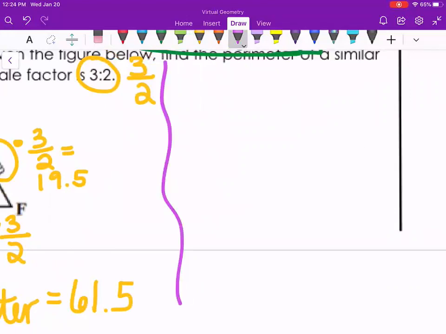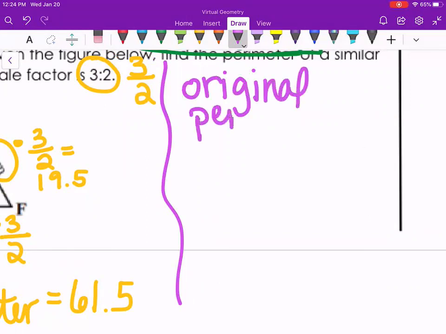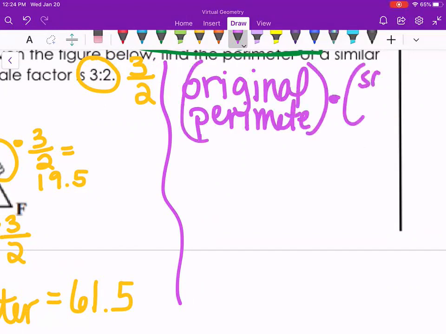So let's try it another way. We can take your original perimeter and multiply by the scale factor.